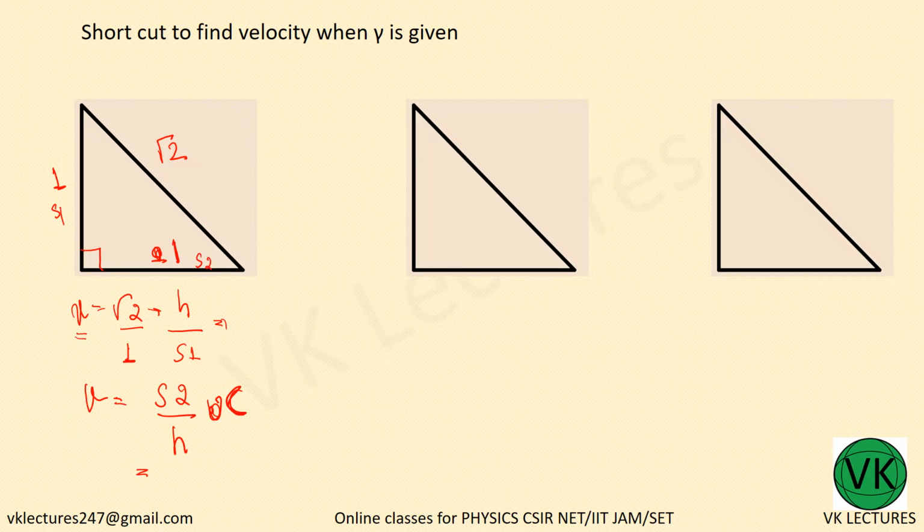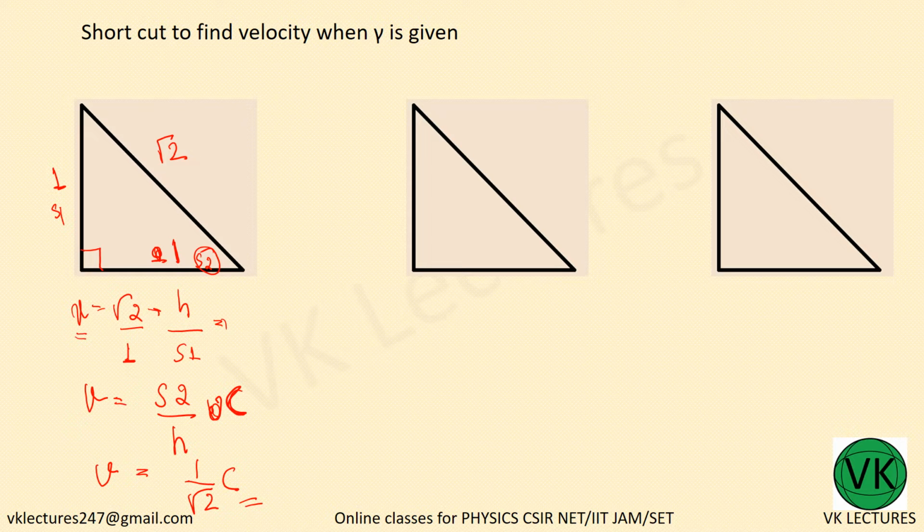Side 2 is 1, because side 1 square plus side 2 square is nothing but hypotenuse square. What is the hypotenuse? Root 2. So that is v equal to 1 by root 2 times c.